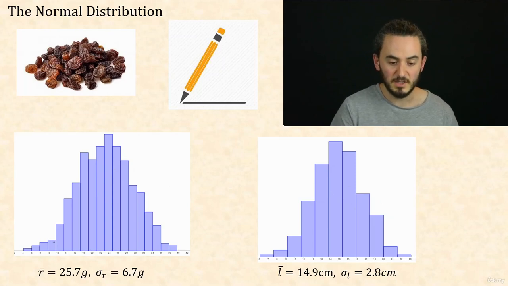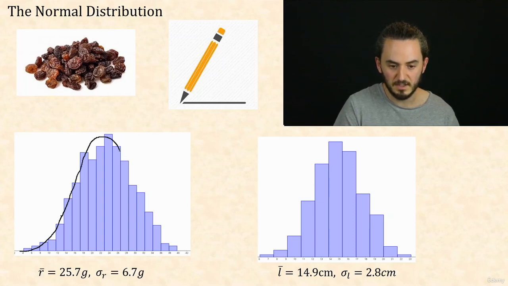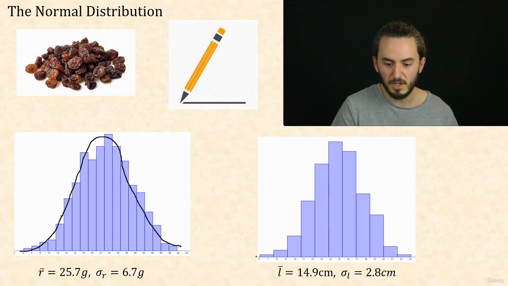But if you had approaching infinite raisins and you made your histogram bars smaller and smaller until there were maybe infinitely many tiny little bars, what would the shape be then? Well, the shape would be a curve which is known as the normal distribution curve, or sometimes called a Gaussian curve, or sometimes called a bell curve.